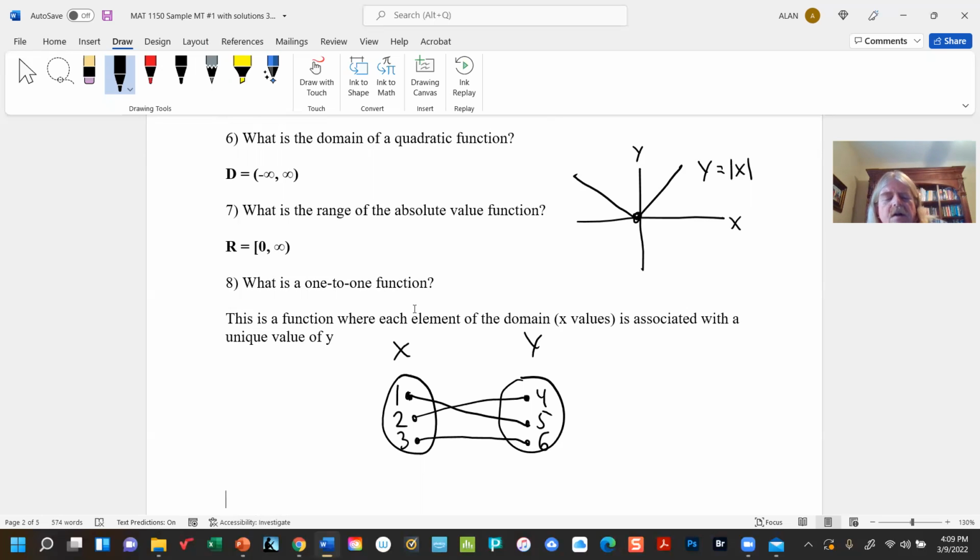Not only is each x associated with exactly one y, but each y is associated with exactly one x.